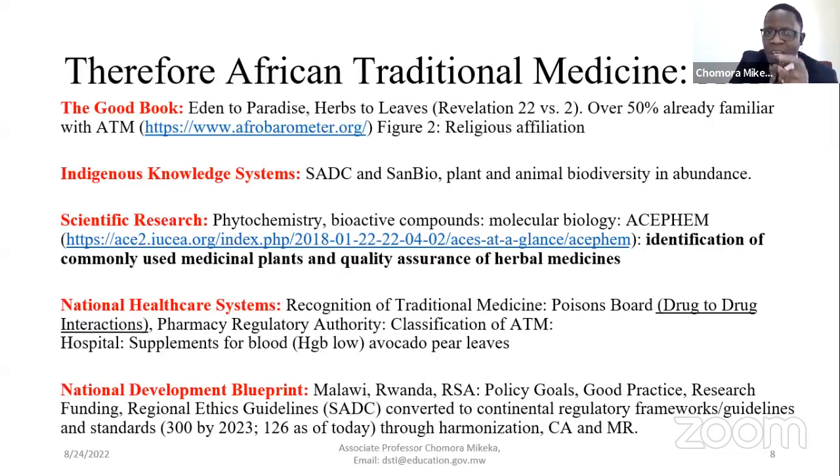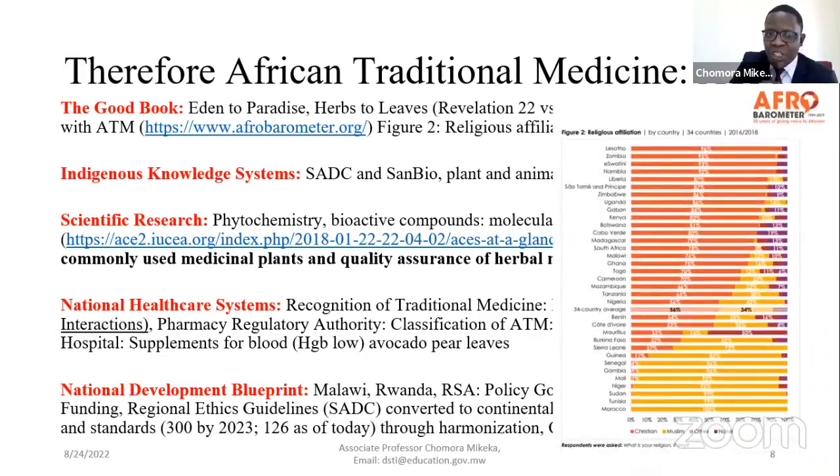We have seen that indigenous knowledge systems, which have been exploited by research consortia in the SADC region and related aspects, show us that we have a huge plant and animal biodiversity in abundance in Africa, which we could exploit for medicinal purposes, for example.